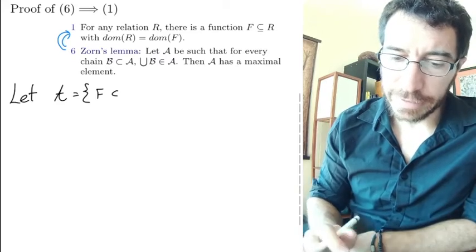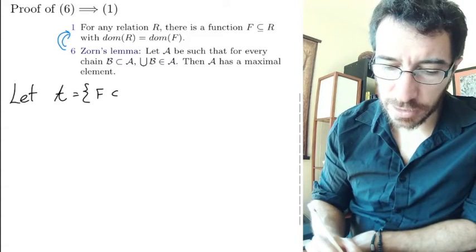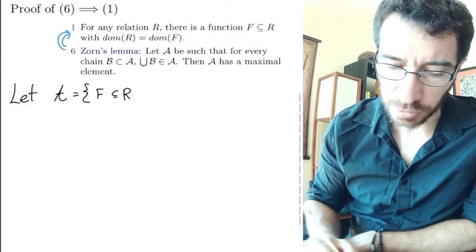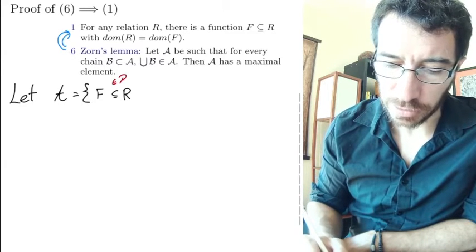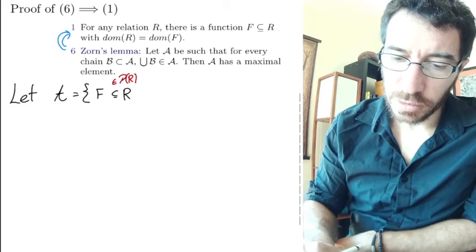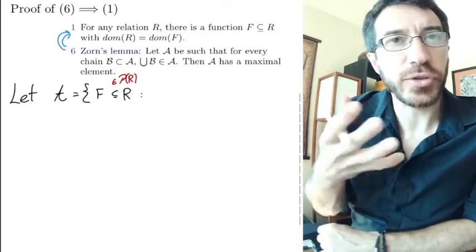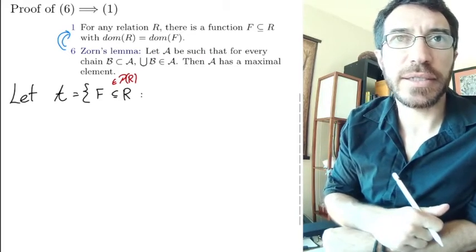So let f be in the set of all the subsets of the relation R, and if you want to apply the subset axiom correctly, you have to say f belongs to the power set of R, such that f is a function. Same thing, but belongs to is the correct way of applying the subset axiom.